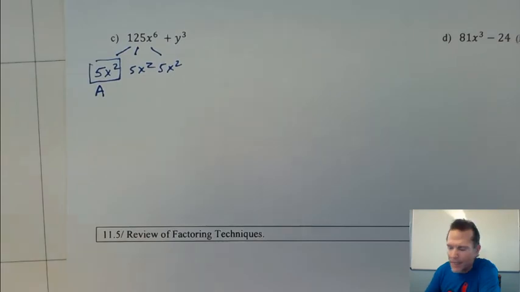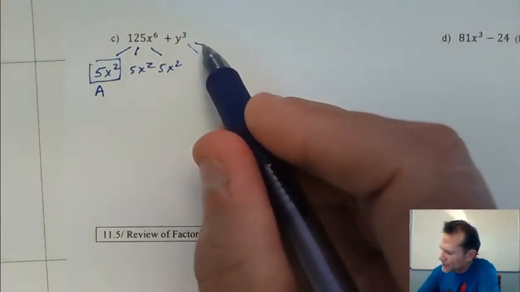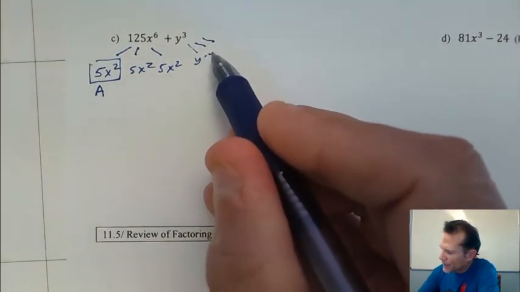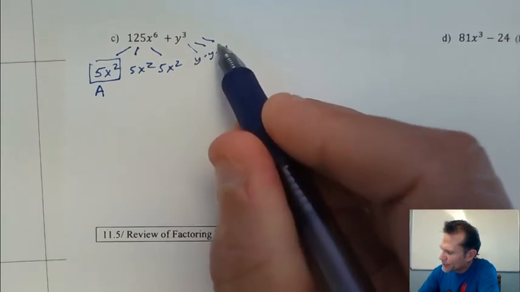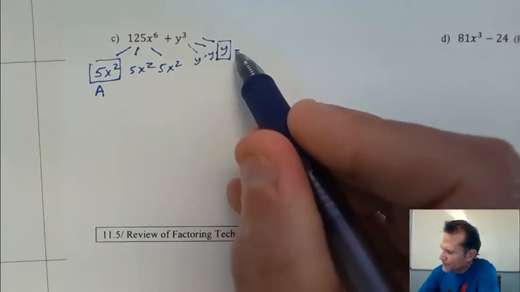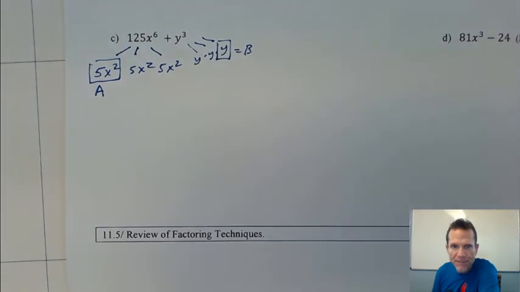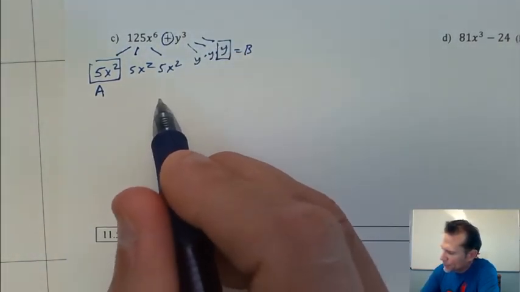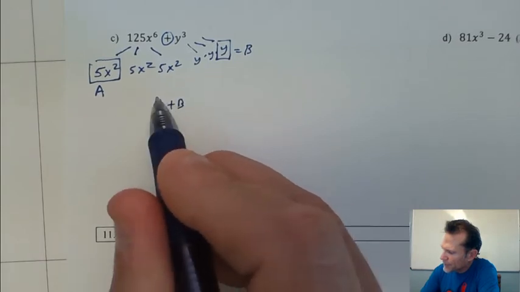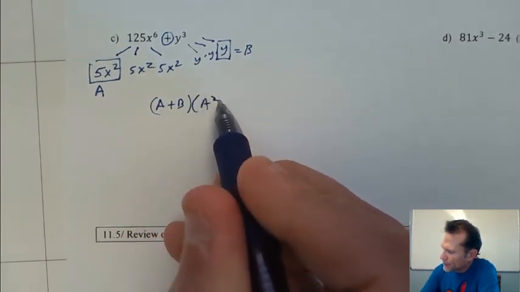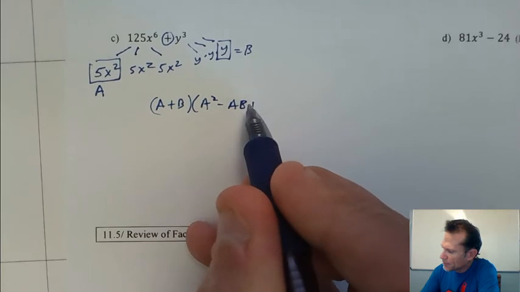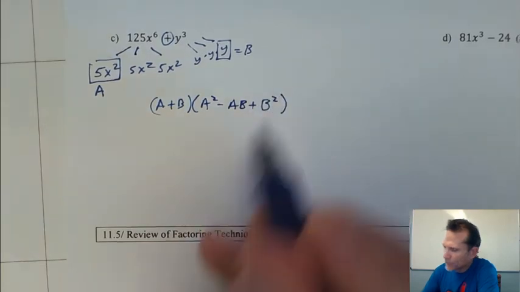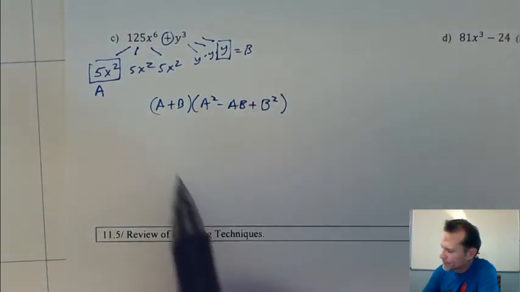And then this is y times y times y. So this is your b value. All right. This is the sum of cubes. So remember, with the sum of cubes, we're going to use a plus b times a squared minus ab plus b squared. I just wrote the formula down so we have it in front of us here.